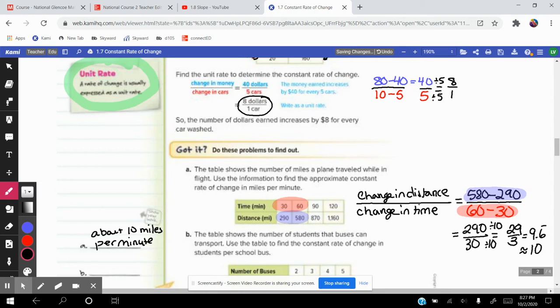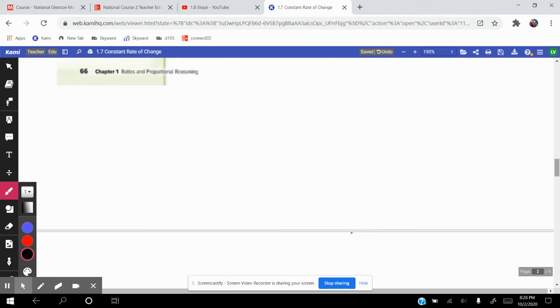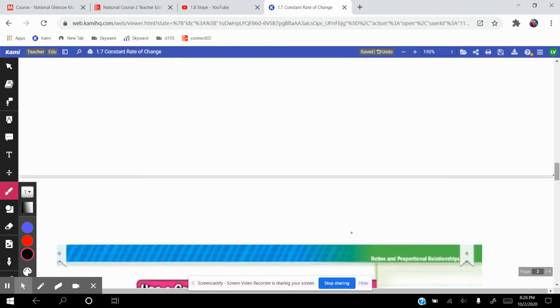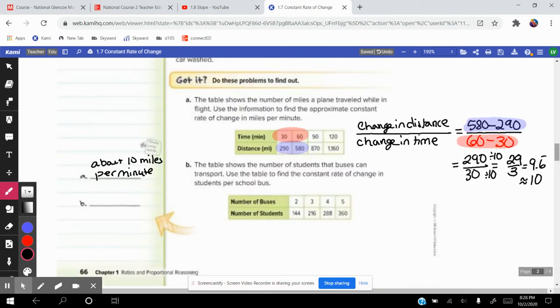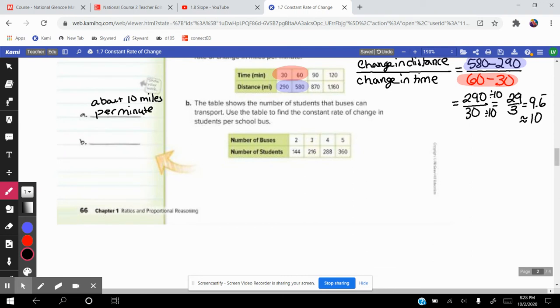Let's try letter B. The table shows the number of students that buses can transport. Use the table to find the constant rate of change in students per school bus.